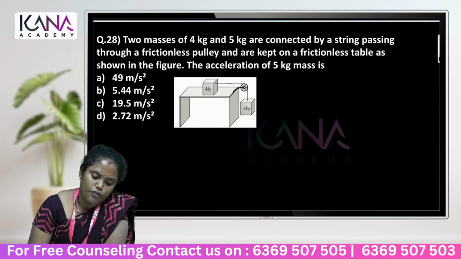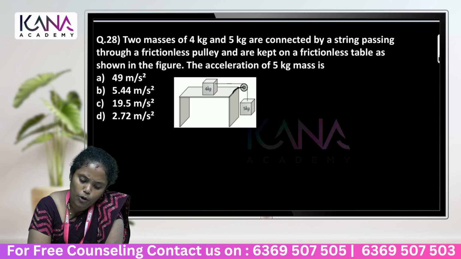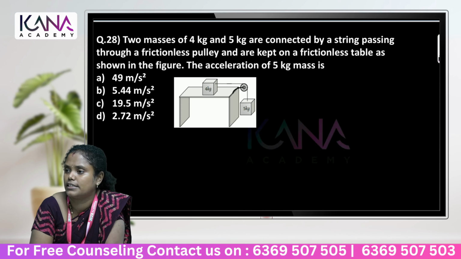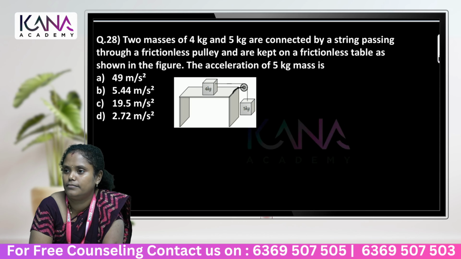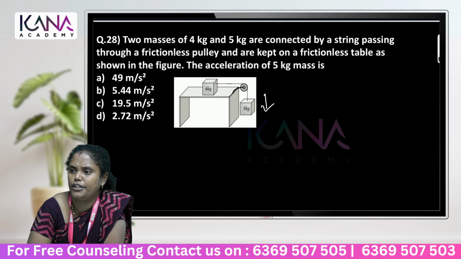Two masses of 4 kg and 5 kg are connected by a string passing through a frictionless pulley and are kept on a frictionless table as shown in the figure. The acceleration of 5 kg mass. As it is 4 and 5, the direction of acceleration will be downward.